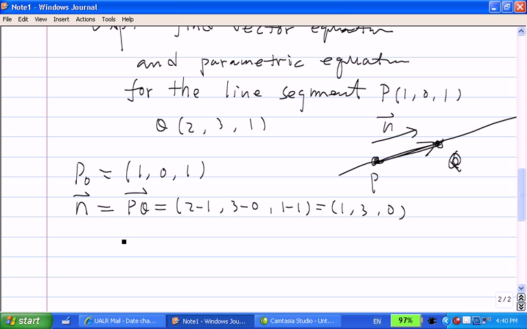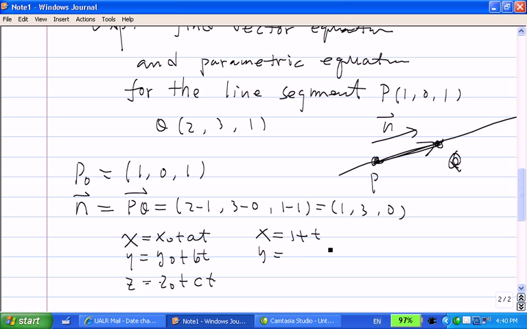So then we can find the parametric equation. Remember, x naught plus at, y naught plus bt, z naught plus ct. For this case, my x naught is 1, a is 1, so plus t. Y is y naught, which is 0, plus b, which is 3, so 3t.